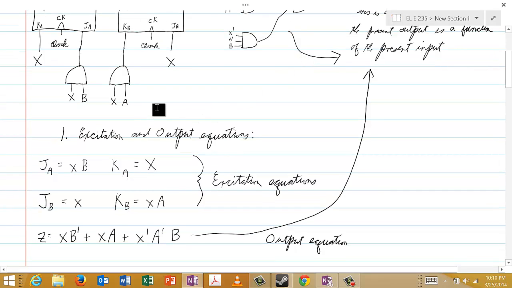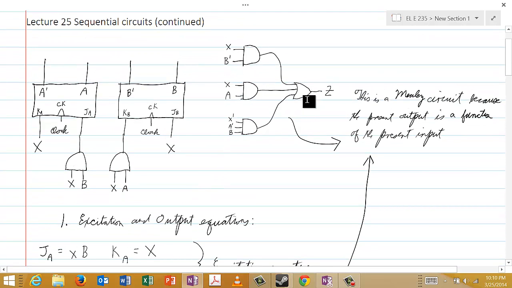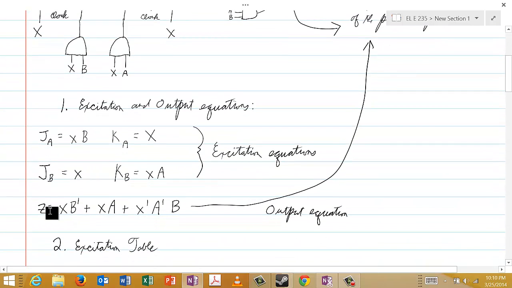You remember, as with the Moore circuit that we looked at in the last lecture, the first thing we want to do is to look at the excitation and output equations, and if we skip directly to the output equation for this, you see that it is the OR of XB prime, XA, and X prime A prime B. So that's what we have right here.